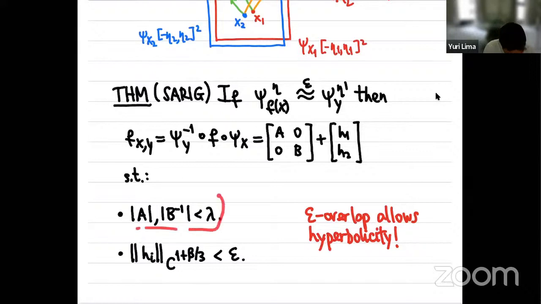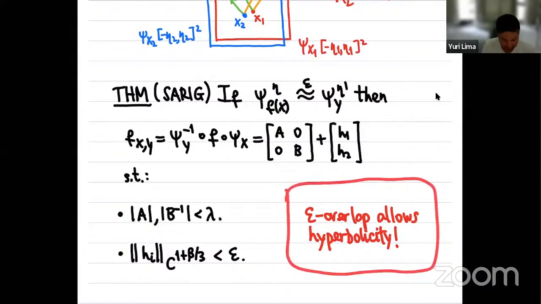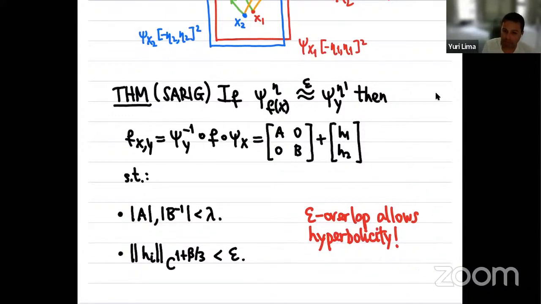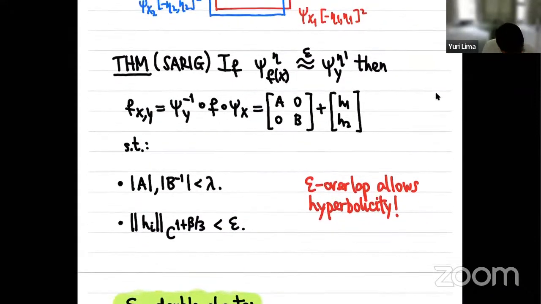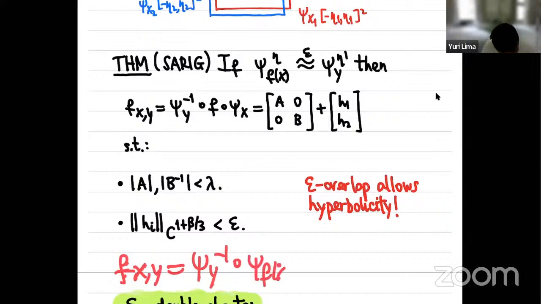The same hyperbolic matrix that we had before, plus an error term which is controlled in the C1 plus beta over 3 norm. So epsilon overlap allows us to recover the hyperbolicity that we want in order to analyze our non-uniformly hyperbolic system. Again, the proof of this is just observing that f of x, y is the composition like this.